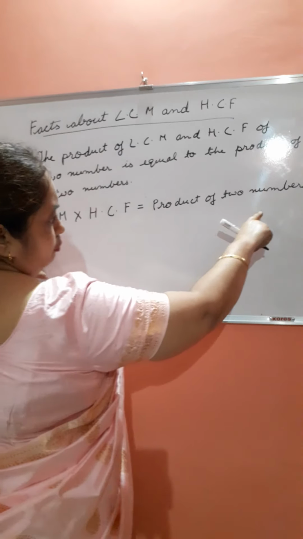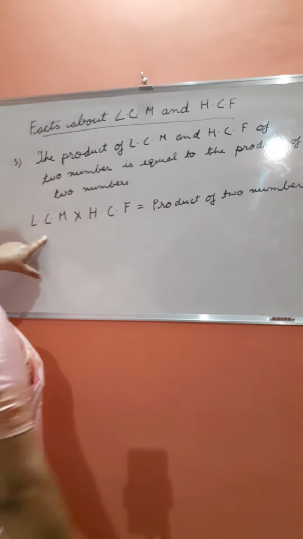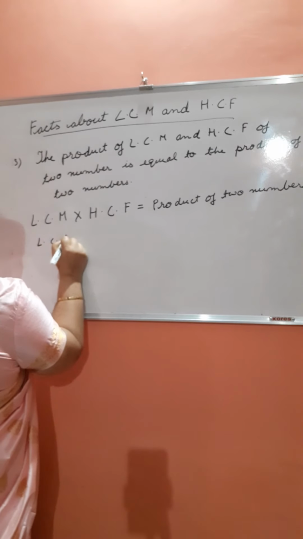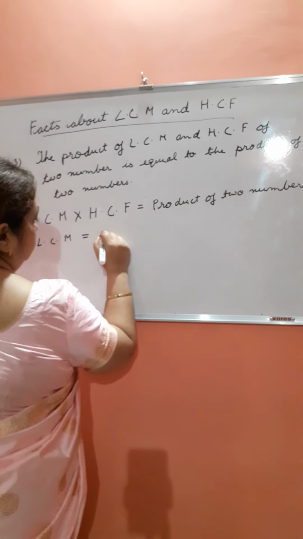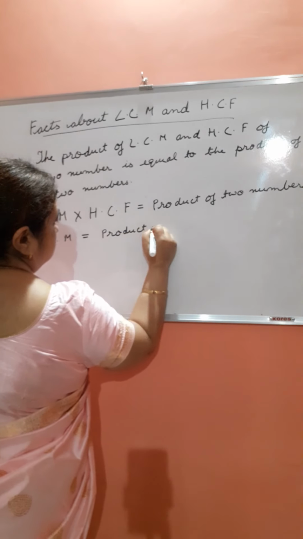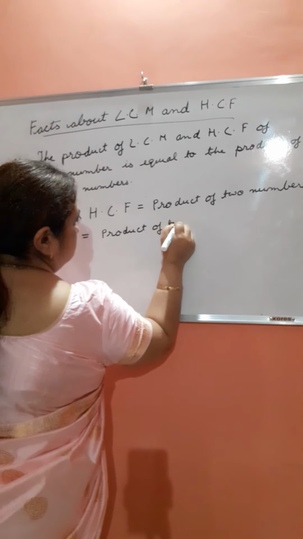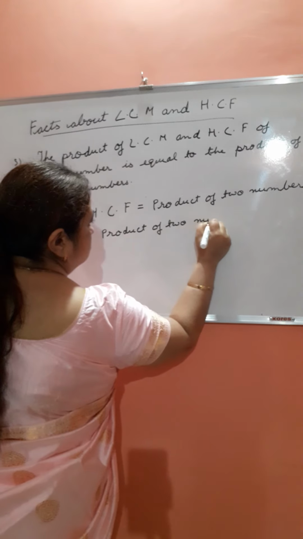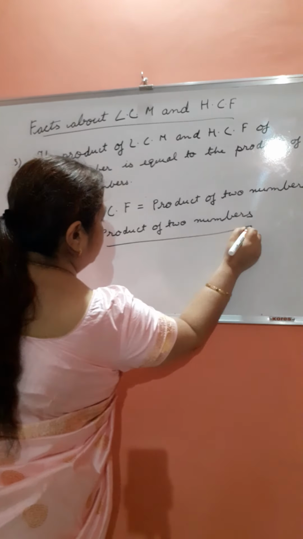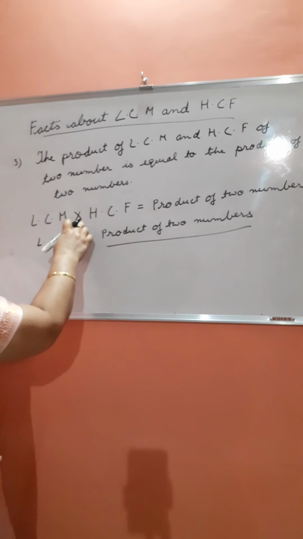HCF and product of two numbers are given. Then how will you find out? Then LCM equal to product of two numbers divided by HCF. Here see, this is multiply.